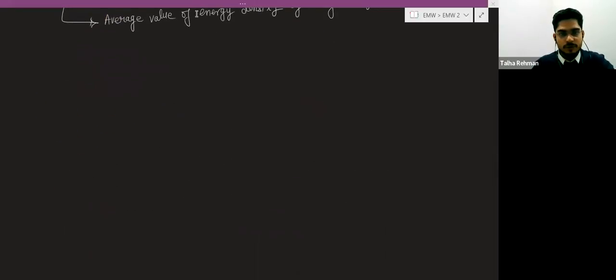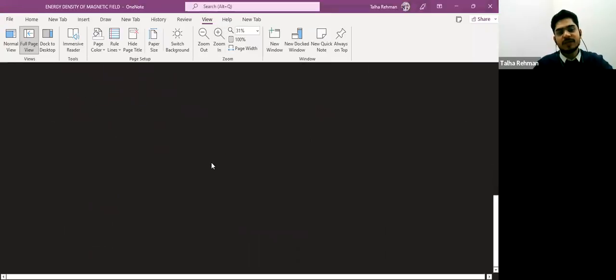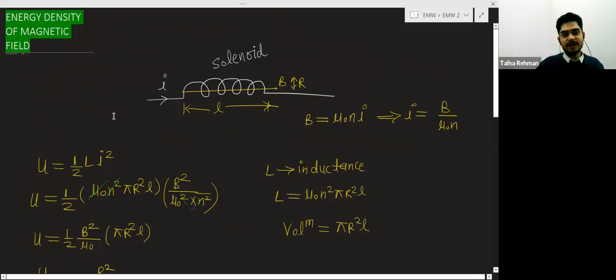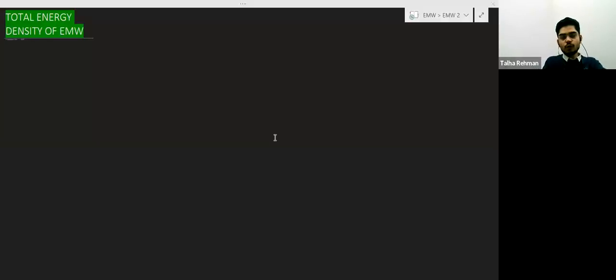Okay, now what we will do, we will compare the energy density of the magnetic field and energy density of the electric field. So basically, we will find the total energy density of electromagnetic wave.